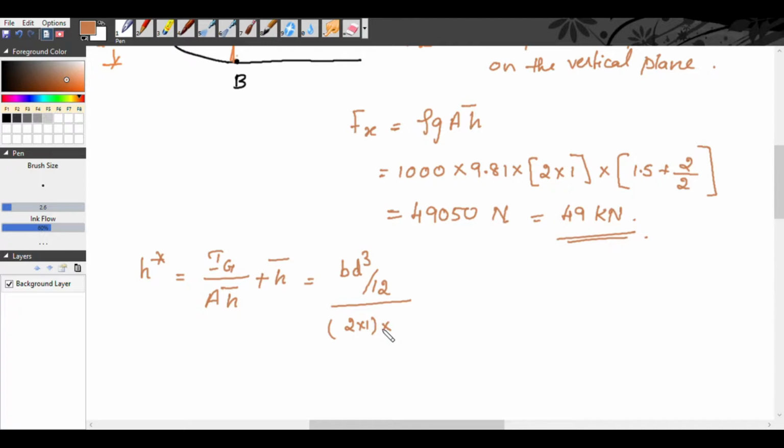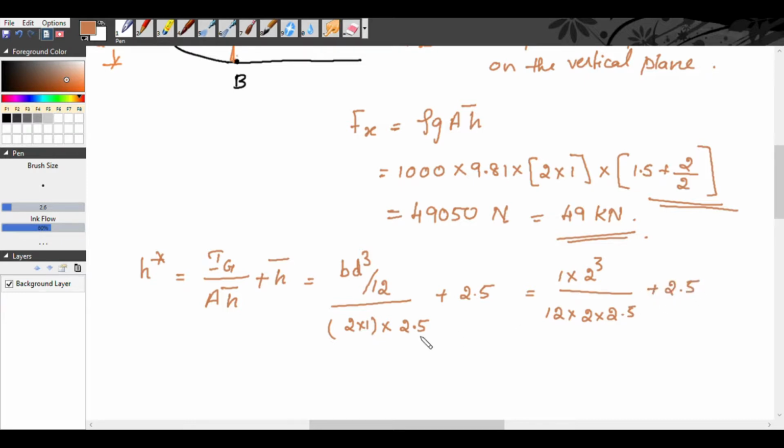H bar is 1.5. See, this is h bar. 1.5 plus 1, that is 2.5, plus 2.5. We know our b width is equal to 1, d is 2, so 2 cube divided by 12 into 2 into 2.5, plus 2.5.